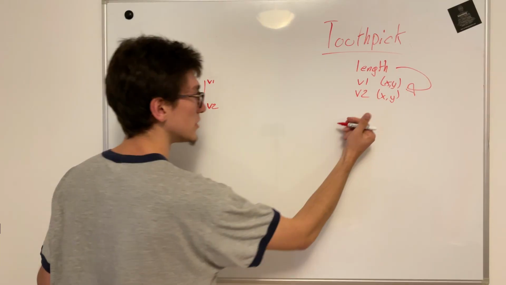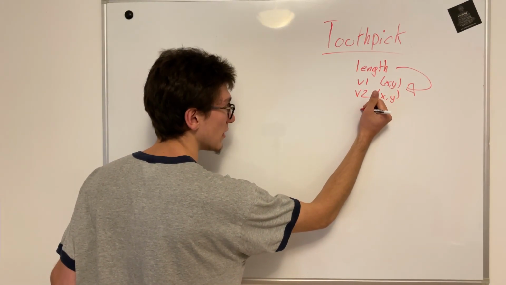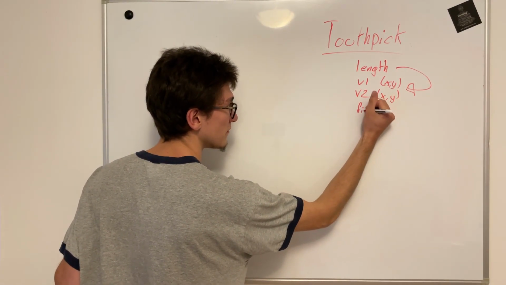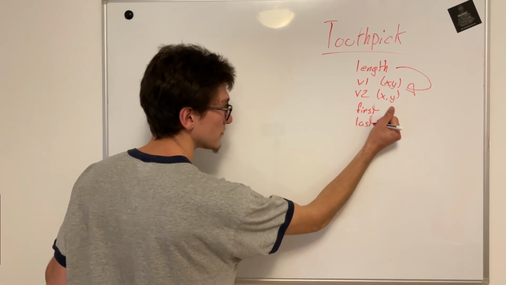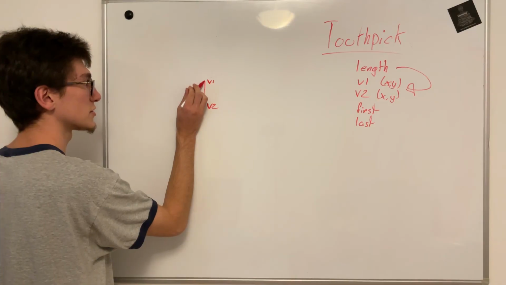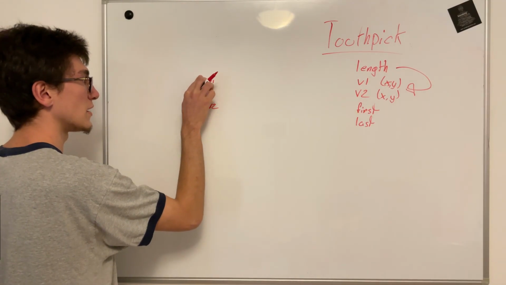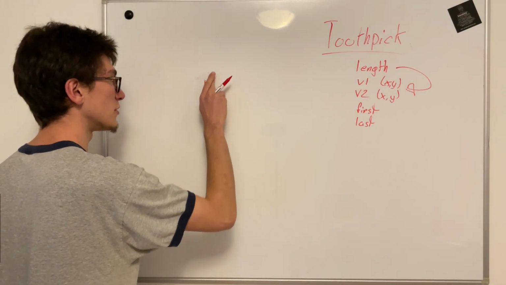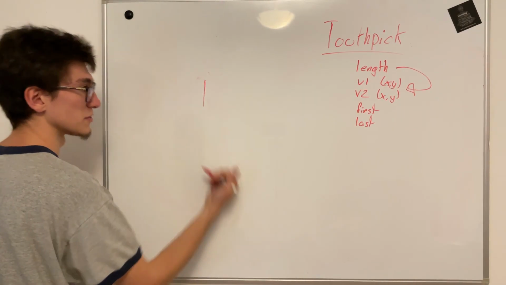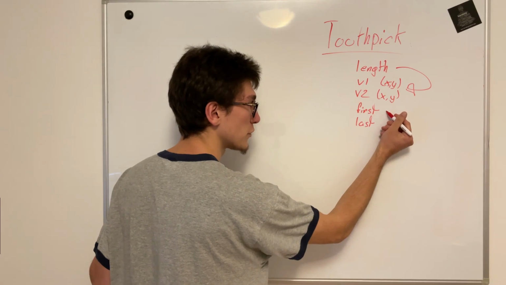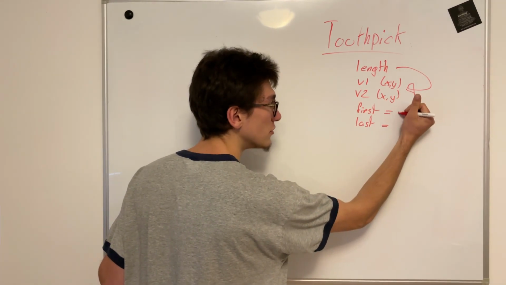So we'll have, let's say, first and last. Let's say this is the first here, and the last is at the bottom. Let me erase V1, V2 as well. So last is over here, first is over here. First and last should be, let's say, null by default.